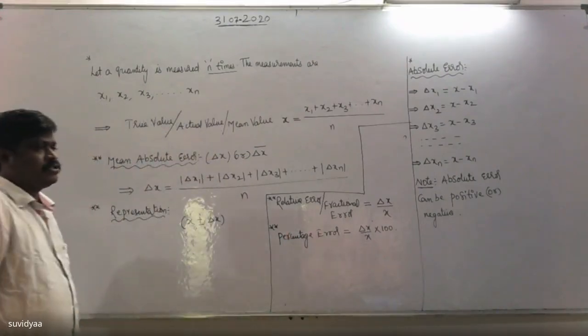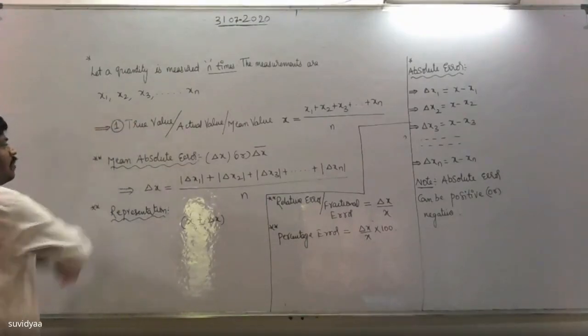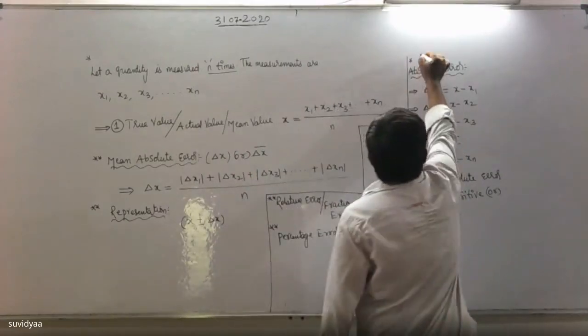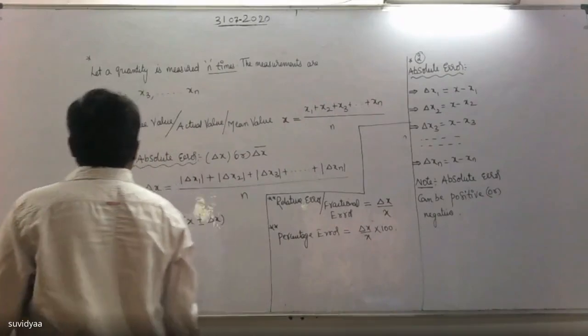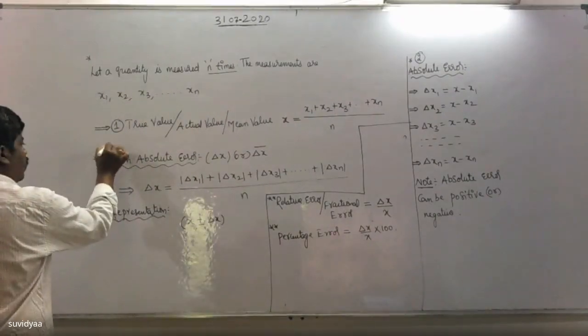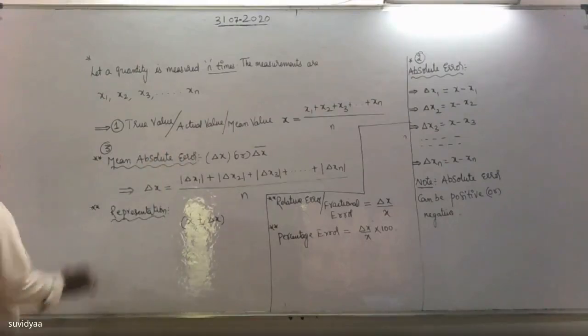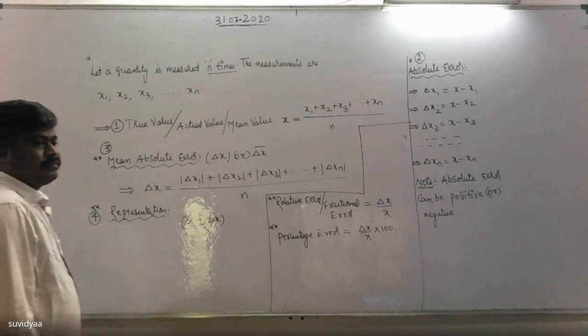Now formulas understood. This is the first formula, true value. This is the second formula, absolute error. Third one, mean absolute error. Fourth one, representation.